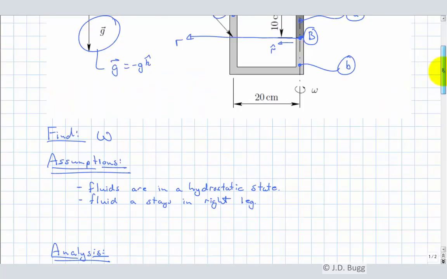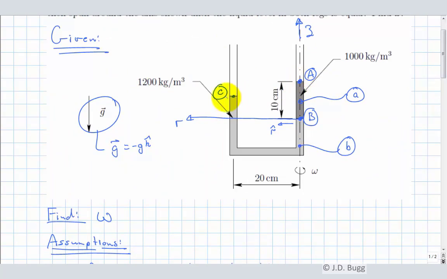And it certainly looks from this diagram that this doesn't have to go down very far to make this even. But that's an assumption we'll have to make. And by saying the fluid A stays in the right leg, the radial coordinate of point A and B are both the same, and in fact they're both 0. So that's why we were able to cross that term off.